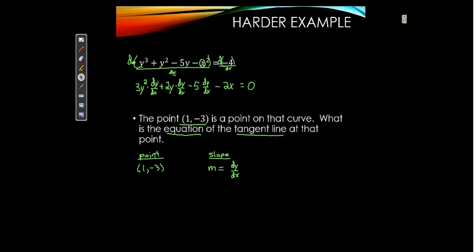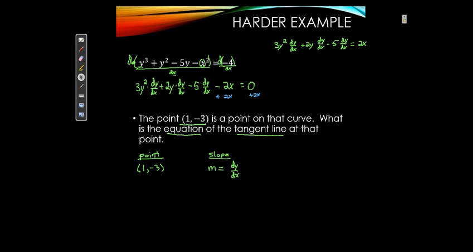We need to add 2x to both sides if we want to get dy dx by itself. So we'll be left with 3y squared dy dx plus 2y dy dx minus 5 dy dx equals 2x.